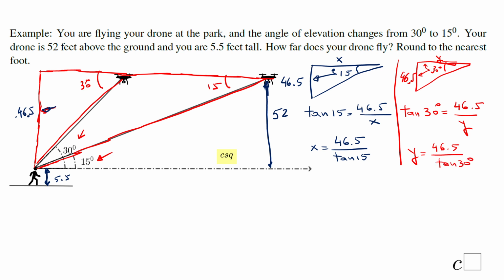And what do you think we need to do here? I mean, we did something very similar in the previous problem. We need to find this segment. This will show us how far the drone flew. I'm going to call this D. Okay, if you notice this, that D, very similar with the previous problem, is nothing else than x minus y.